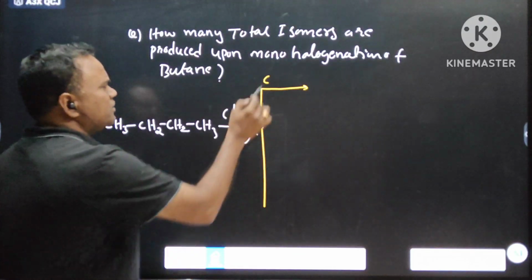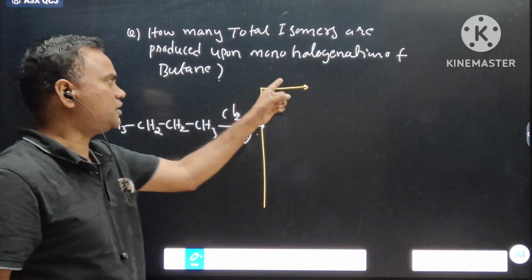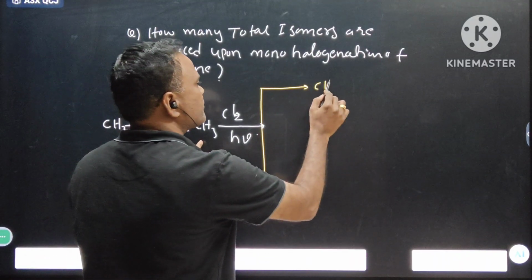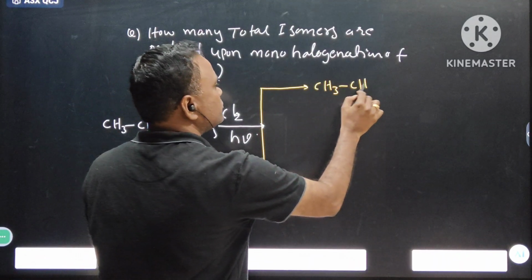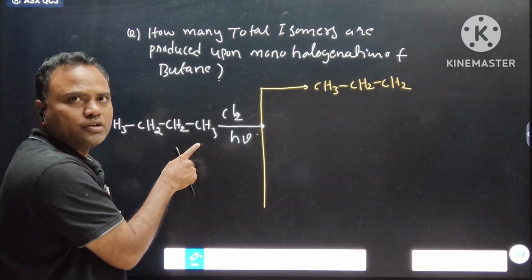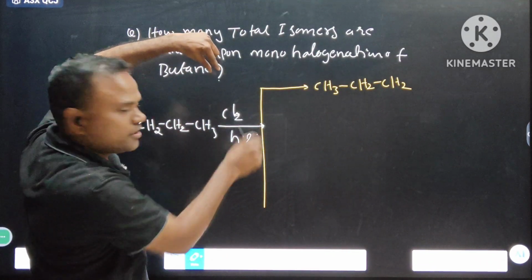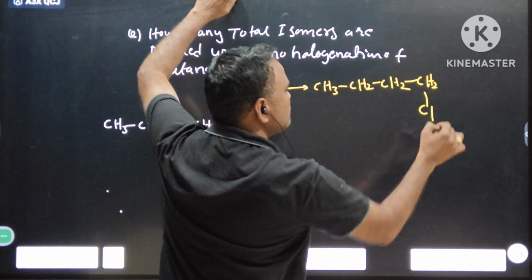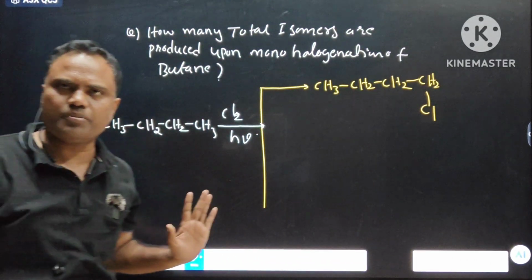Okay, write directly. I'm removing this hydrogen. CH3, CH2, CH2. See, this carbon is having 3 hydrogens. I'm removing one hydrogen and placing one halogen. So CH2Cl. This is one product.